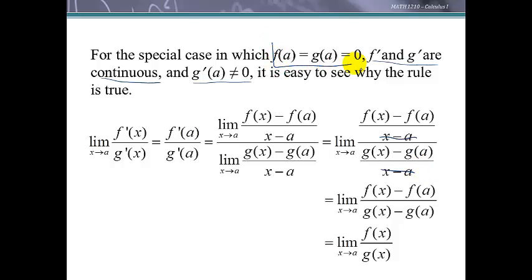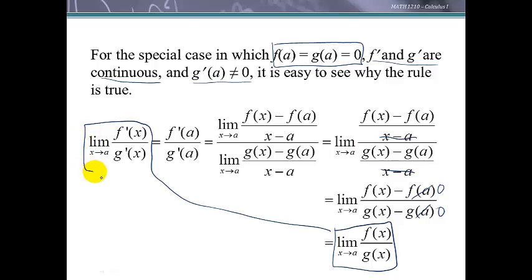And then we take our condition that f of a equals g of a equals 0, and these two terms would be gone, and we would indeed have the limit as x approaches a of f of x over g of x equals the limit as x approaches a of their derivatives, and that was provided we had that indeterminate form and in this special case.